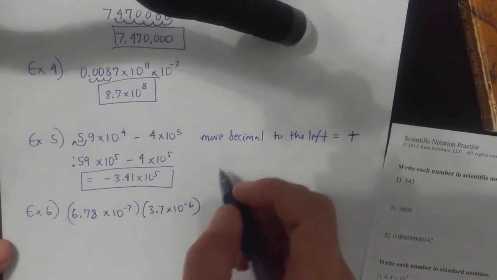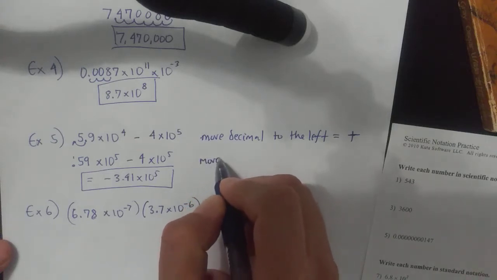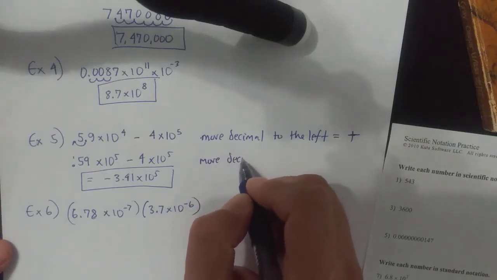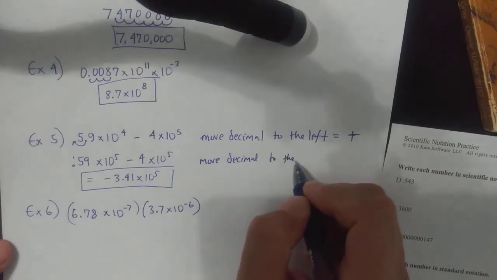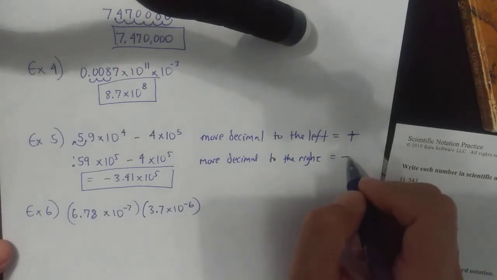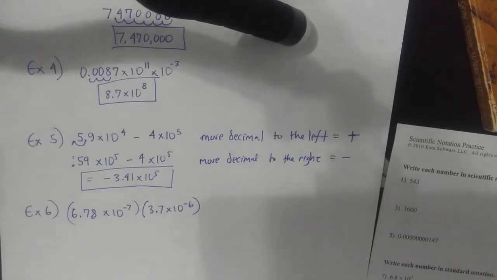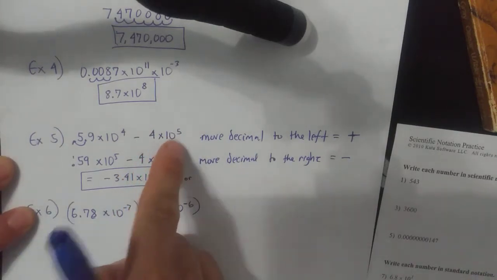If you move the decimal to the right, that equals a negative exponent. So let's see, I could have done, let's do or. Let's make this one a 4.